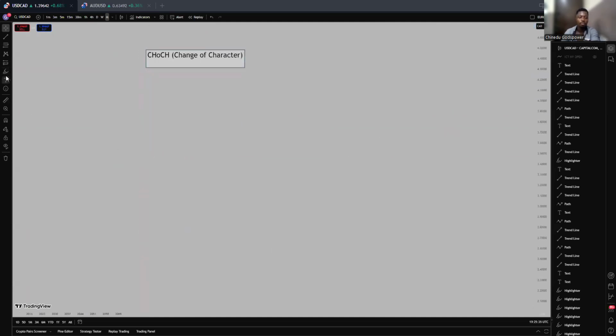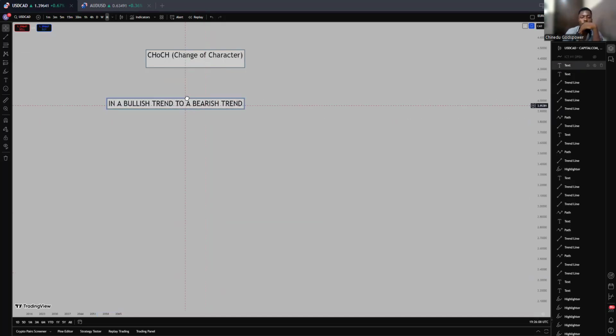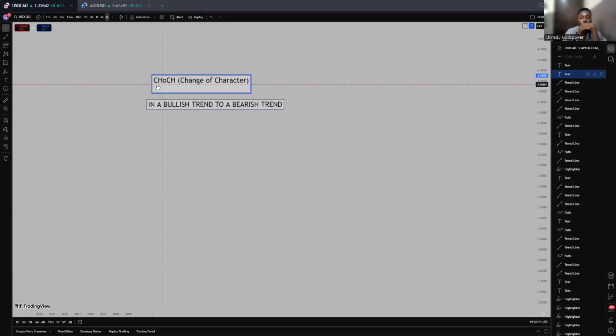In a bullish trend, when price wants to change character and reverse, it always reverses towards a bearish trend. A bullish trend to a bearish trend.